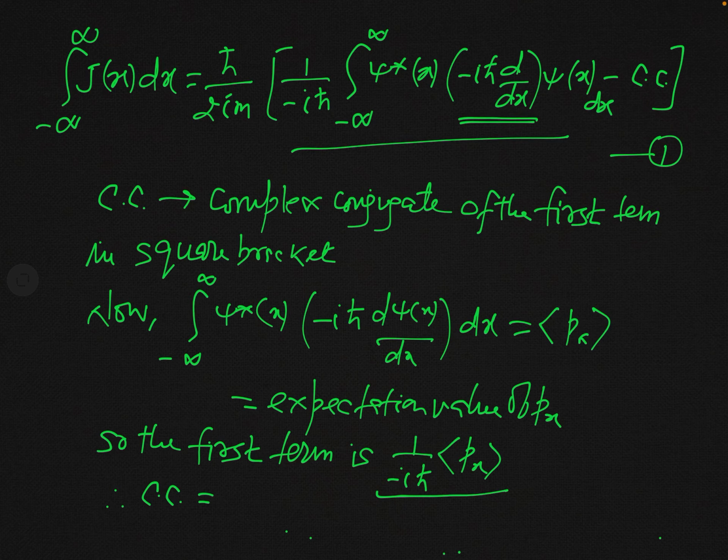Therefore you can see this cc will be equal to the complex conjugate of this much, and its complex conjugate you can see this is 1 over I h cross expectation value of px. Now let us substitute these two values here. Since there is here minus and minus, that will be in fact plus.